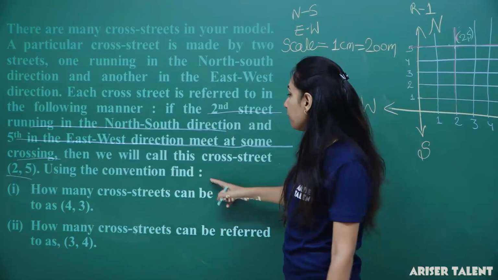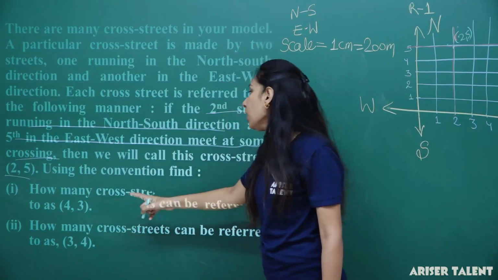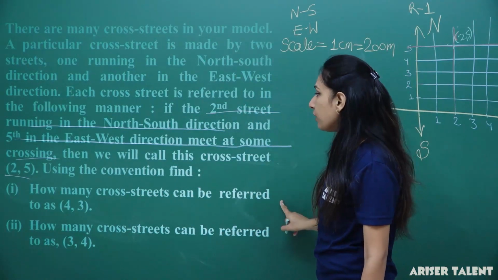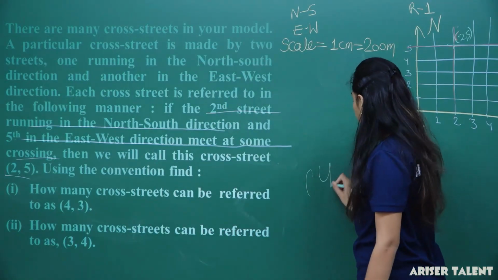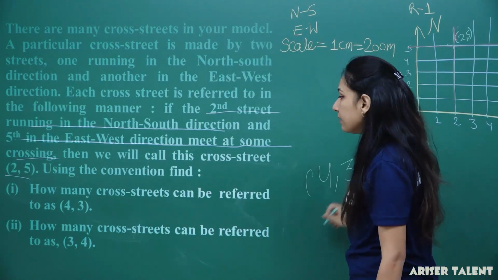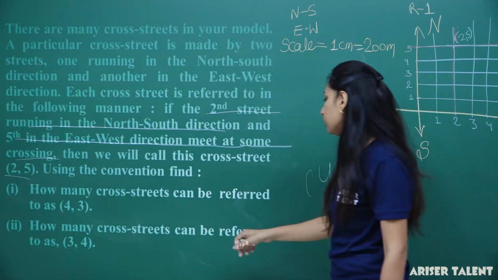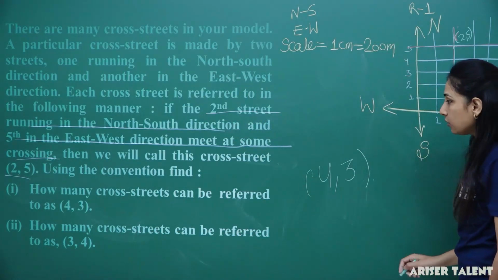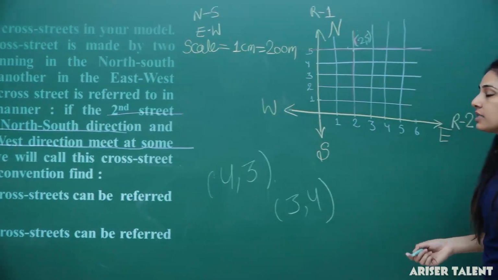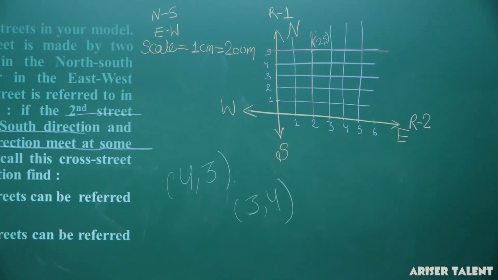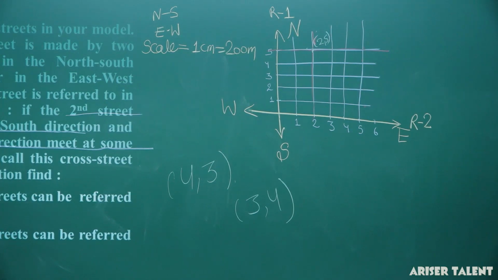Using the convention, find how many cross streets can be referred to as 4, 3, and the second one, how many cross streets can be referred to as 3, 4. So first it's talking about 4, 3 and second it's talking about 3, 4.